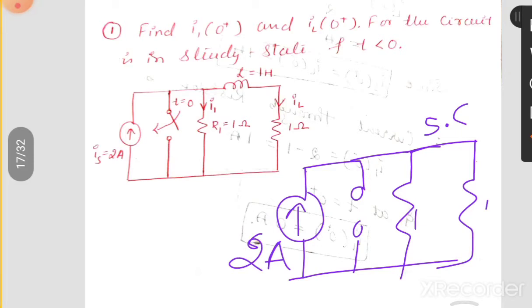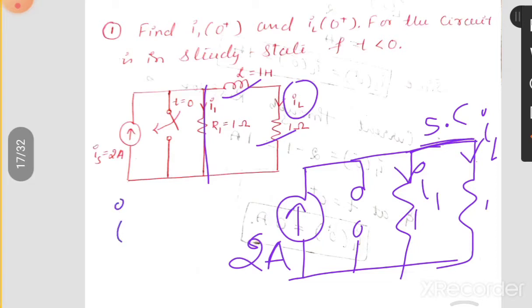Now what is I1? I1 is the current flowing through this R1. And IL is nothing but the current flowing through this inductance, or you can say the current flowing through this R2 resistance. The current through the inductor and the current through this resistance remain the same because these two are in series.